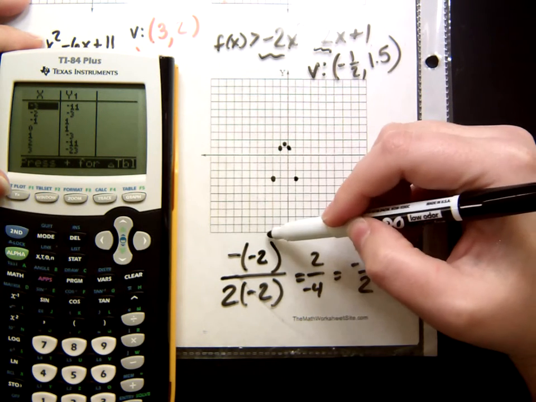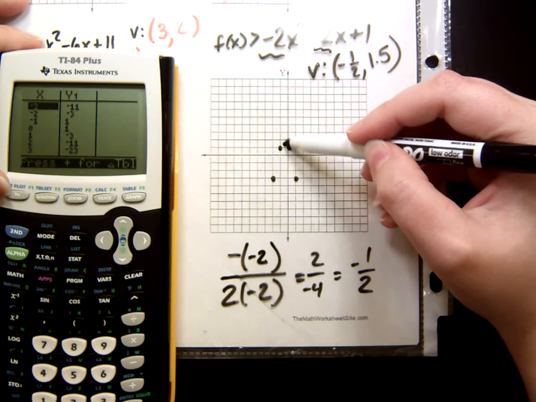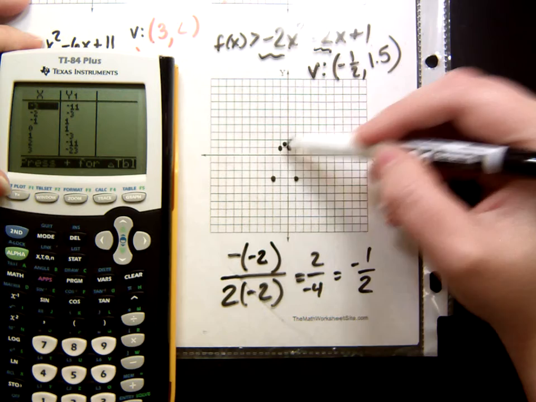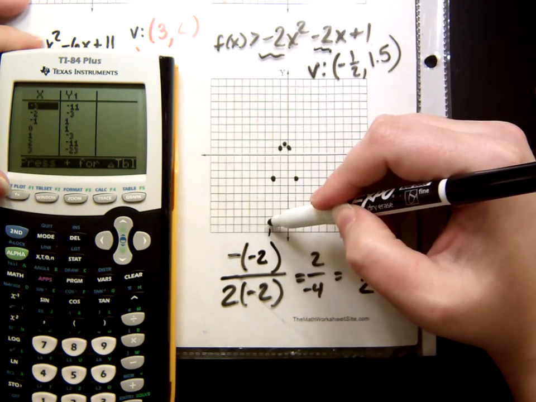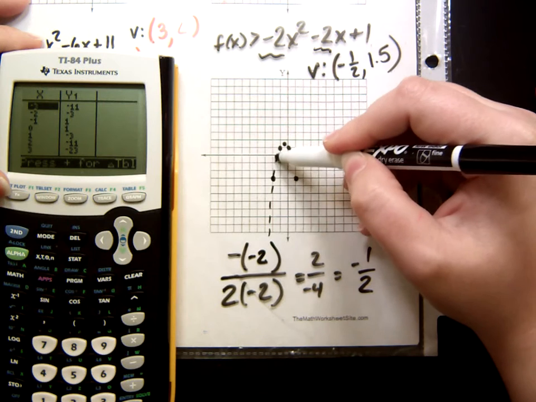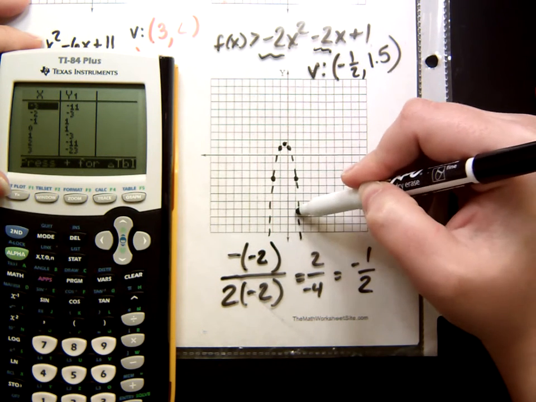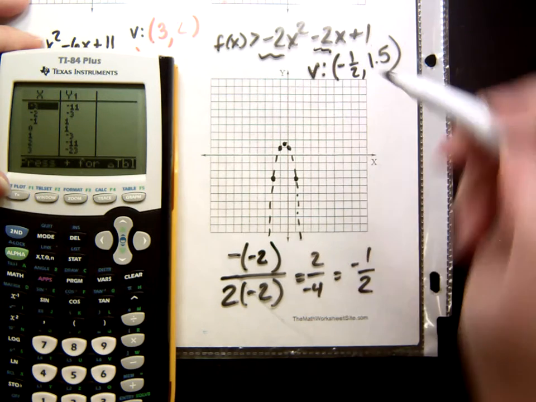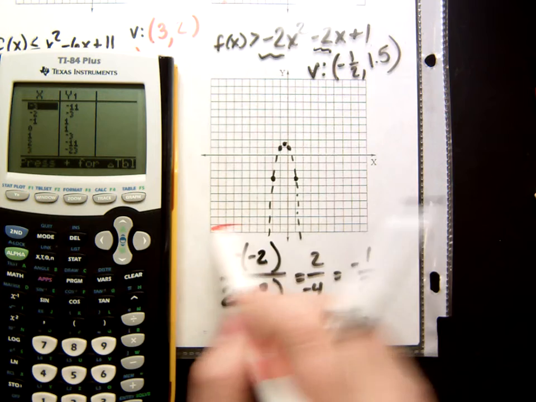Okay, so a little bit different because the vertex was not on one of the crosshairs. So dotted line for this one when we do our connecting the dots bit, because it's greater than, and because it's greater than, we are going to be shading above the vertex, which is on this side.